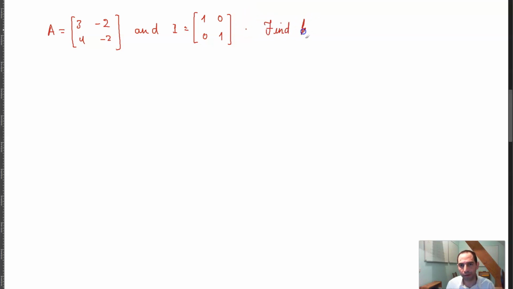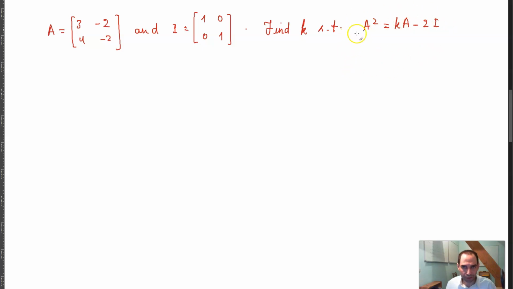The question is basically: A is equal to the matrix 3, negative 2, 4, negative 2, and I is equal to a 2 by 2 matrix, which is 1, 0, 0, 1, and you want to find K such that A squared is equal to KA minus 2I.